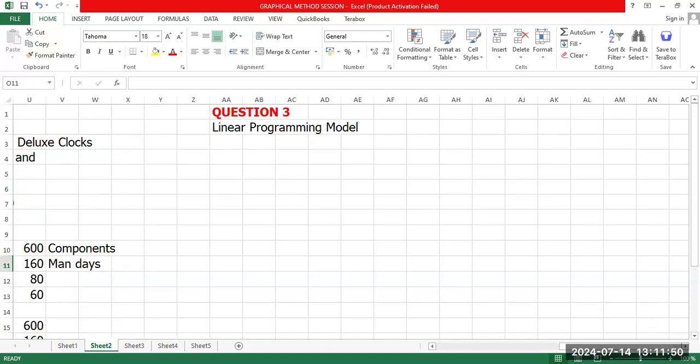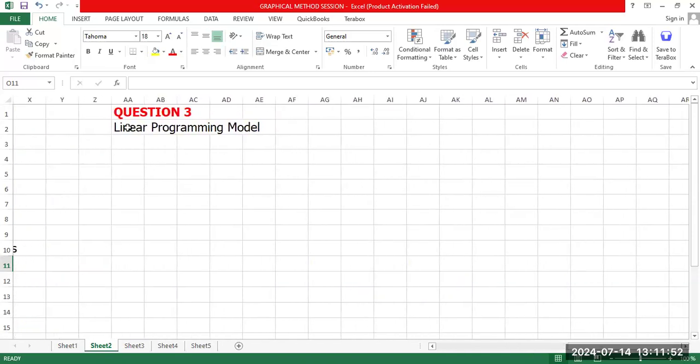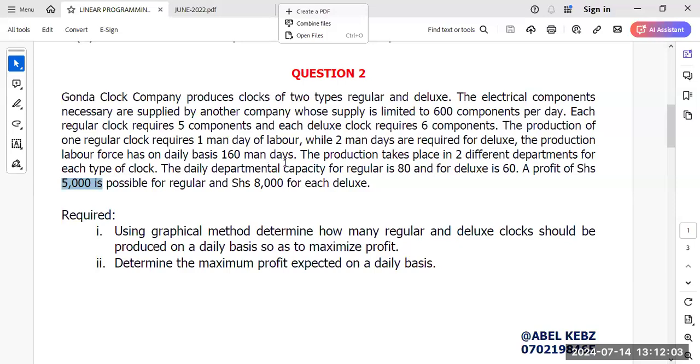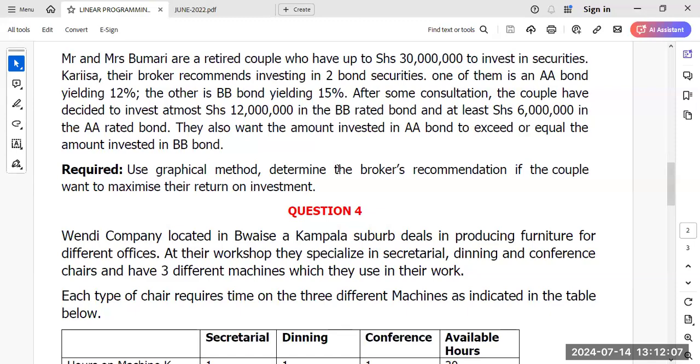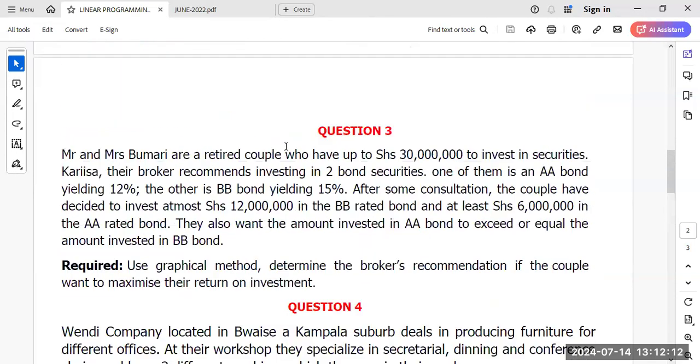Then we handle question 3 and see what next. Okay, question 3.